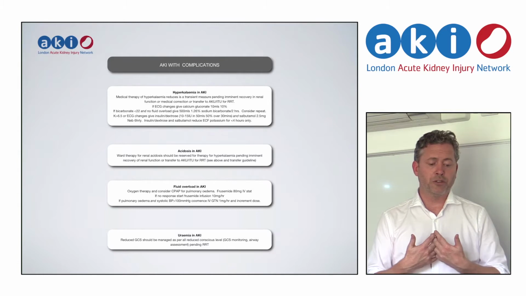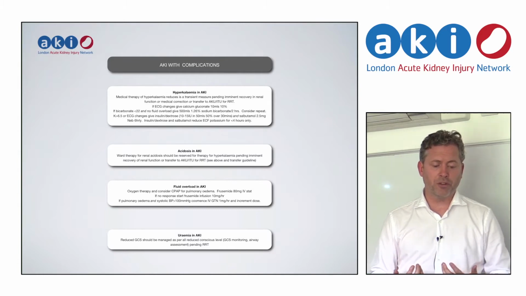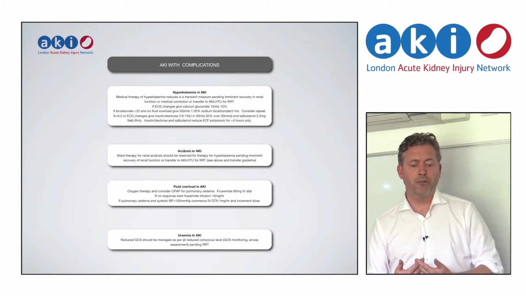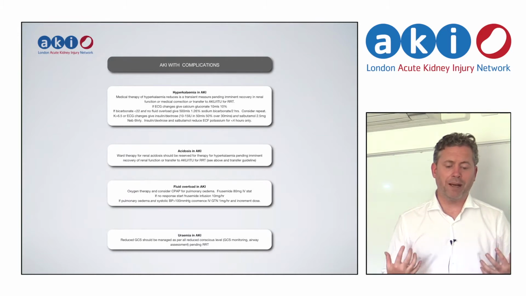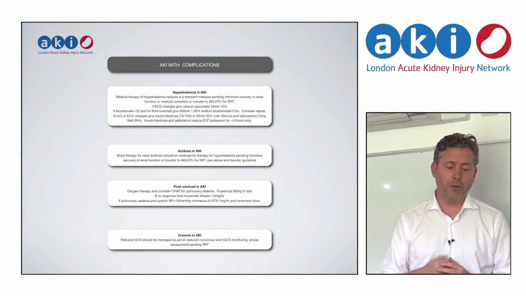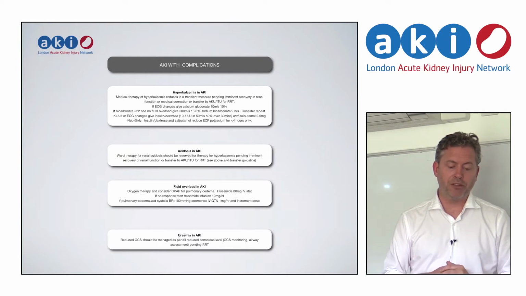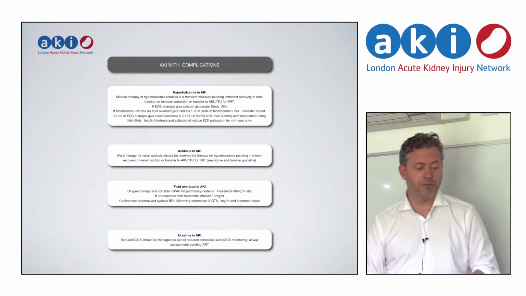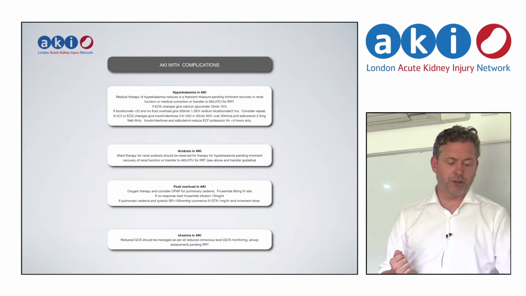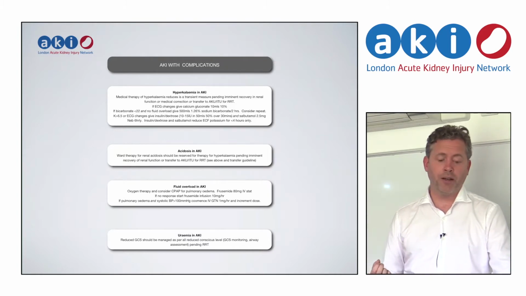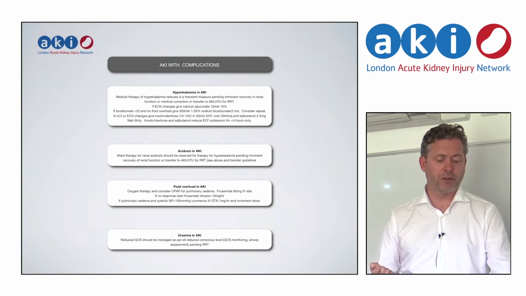Fluid overload, so conventional supportive measures, oxygen therapy, CPAP, furosemide in a volume expanded patient with pulmonary edema and AKI, higher doses of furosemide than we might normally give. The dose response curve is moved to the right. And if the patient is hemodynamically stable, intravenous nitrates may also be useful. Uremic AKI, no specific therapy other than renal support or reconstitution of kidney function.